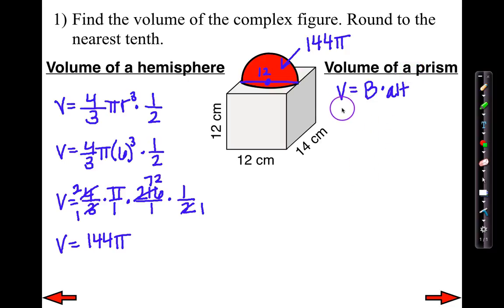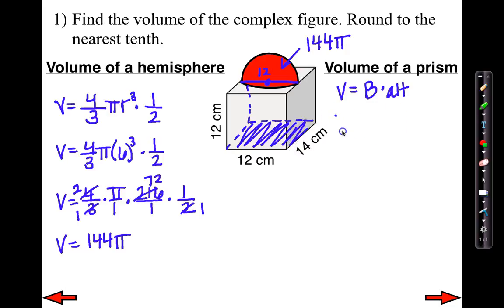Here we're going to say the volume is the area of the base. There's two different bases that we can look at. I'm going to look at the base that's below here that we can't quite see. Here the base is 12 by 14. It's this rectangle right here.